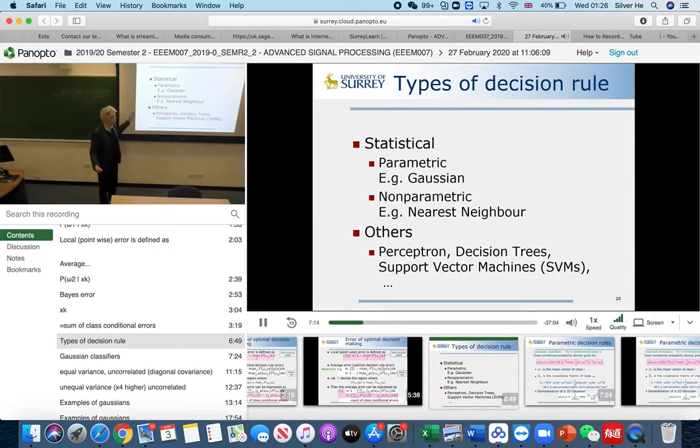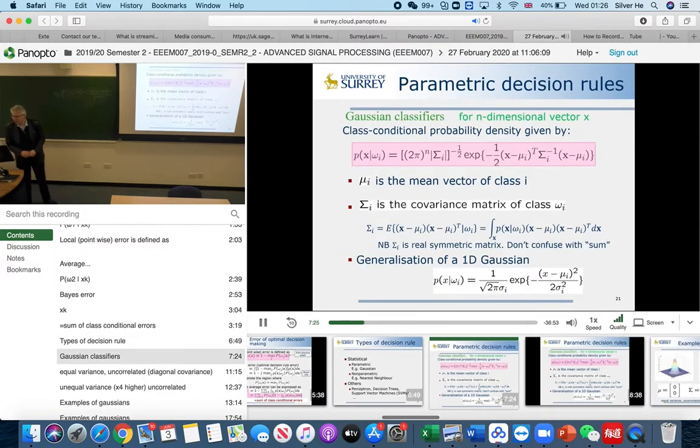All of these still apply the same thing, but they're other types of decision-making rule that we come up with. So what I'm going to focus on here is the Gaussian classifier, using Gaussian or normal distributions.